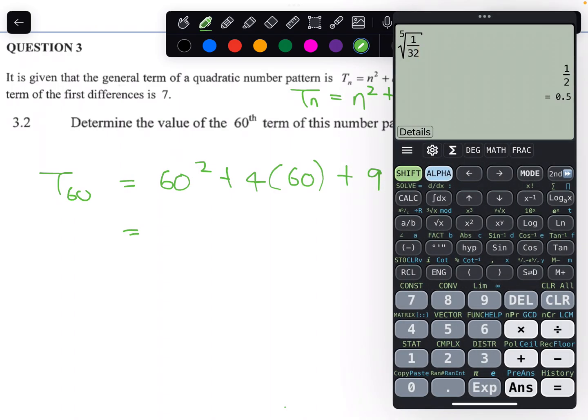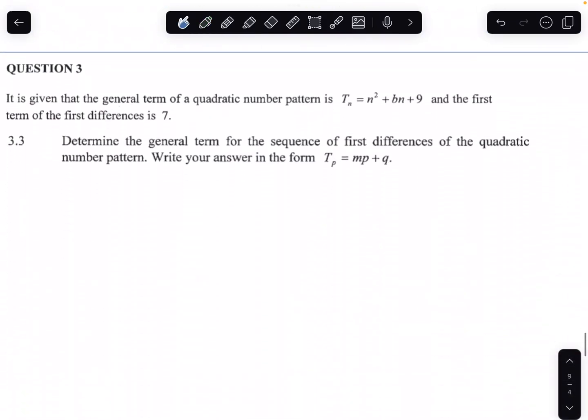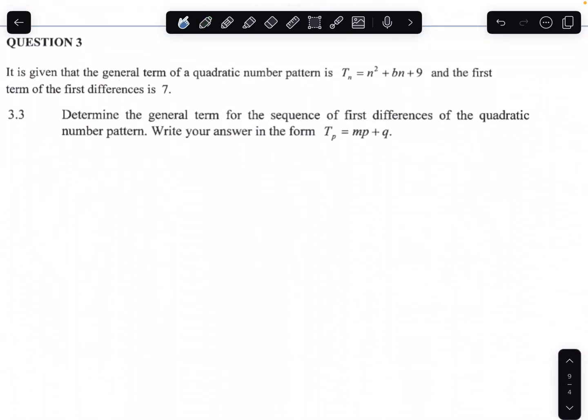And let's see what that is. That is 3849. Let me just check with the memo. Yes, we agree.